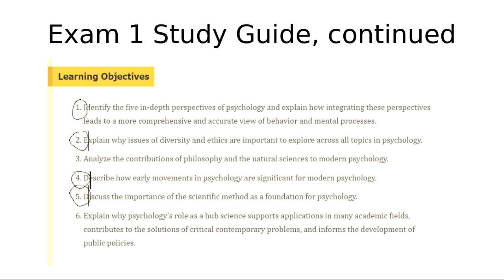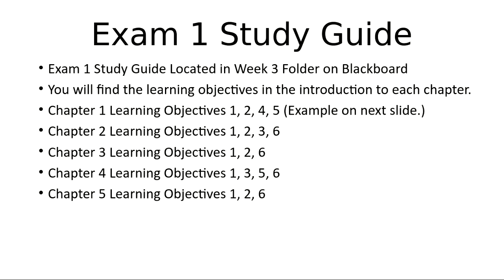Okay, so on the first exam for chapter 1, these are the learning objectives that are in the ebook, and I circled them on here for you to see. You need to look at objective 1, 2, 4, and 5. Let me go back to the previous slide. Okay, so you see chapter 1 learning objectives, number 1, 2, 4, and 5. And these are the learning objectives for all the other chapters too.